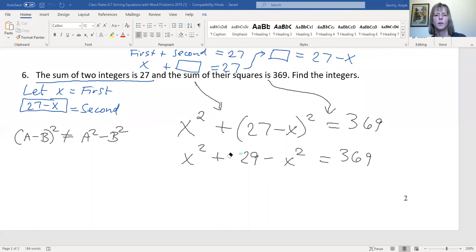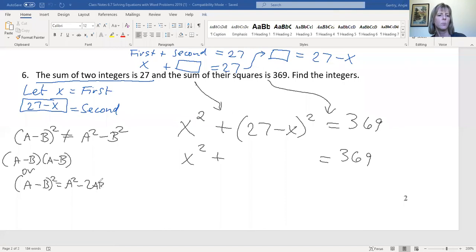So this is impossible. What happened? They didn't remember the formula, or they didn't FOIL. You can always FOIL, or you can use the formula. A minus b quantity squared is a squared minus 2ab plus b squared.